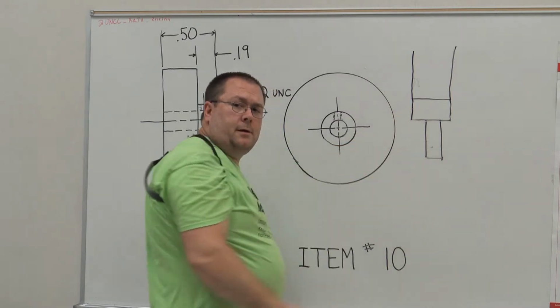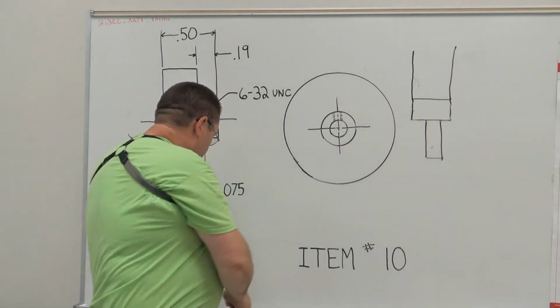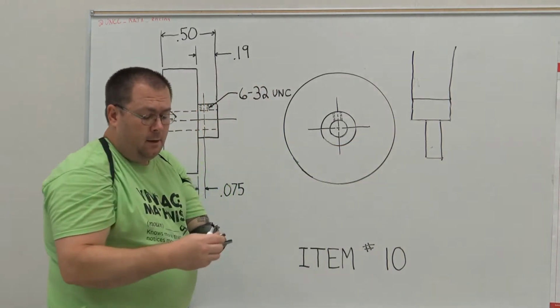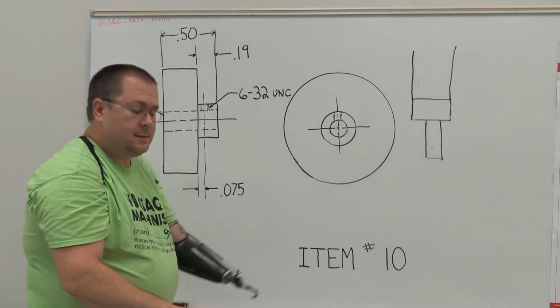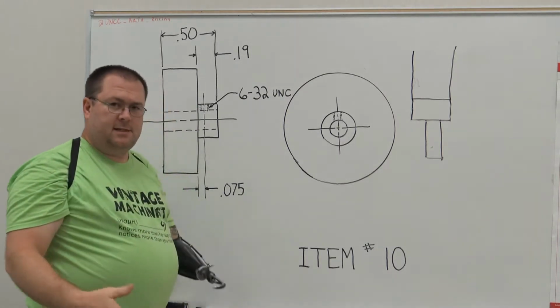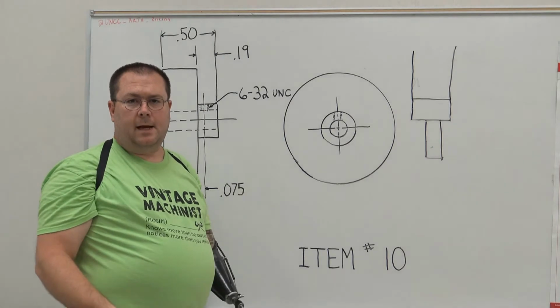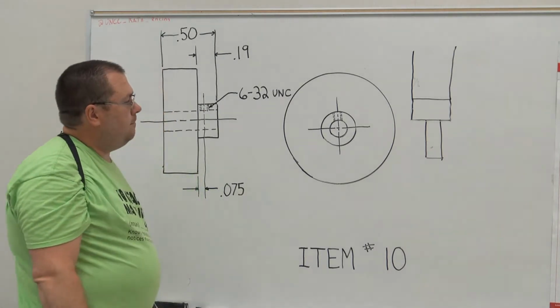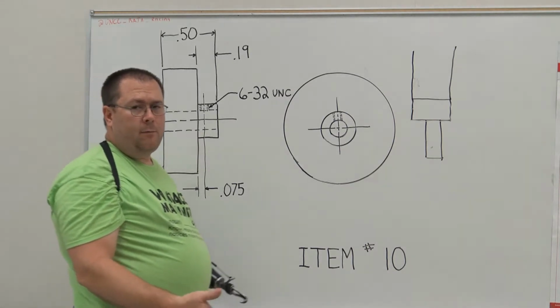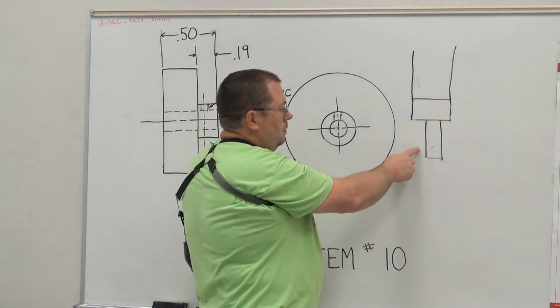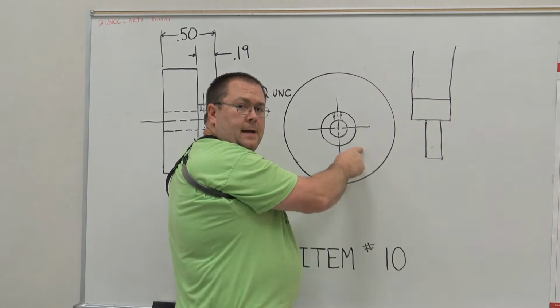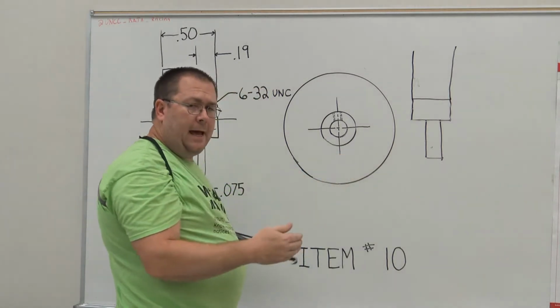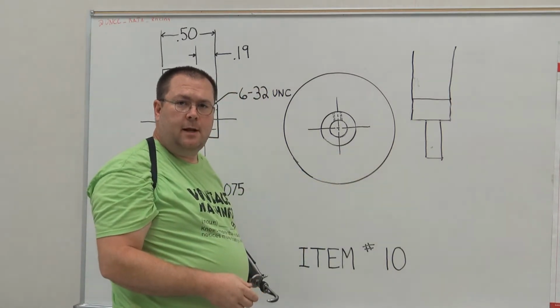So 375 thousandths. Okay? You can buy them in different sizes, but for consistency, we try to use the same style and size edge finder for all of our students. Okay? So we have to figure out how we're going to use this tool to find 2 axes of location for the center line of that hole.